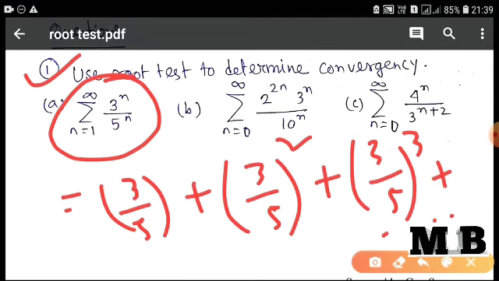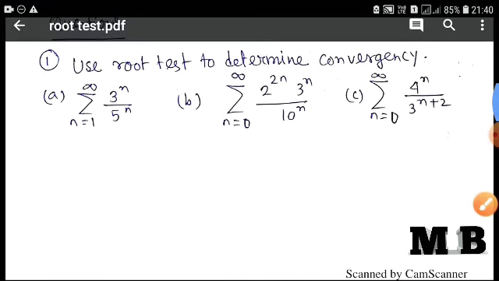That is nothing but a geometric series with common ratio less than 1. In fact, here the common ratio is 3 by 5, which is less than 1. So by that proposition, you can immediately claim that the given series is convergent, and you can certainly find the sum of this series. But here we are interested in using Cauchy's root test to verify the convergence.